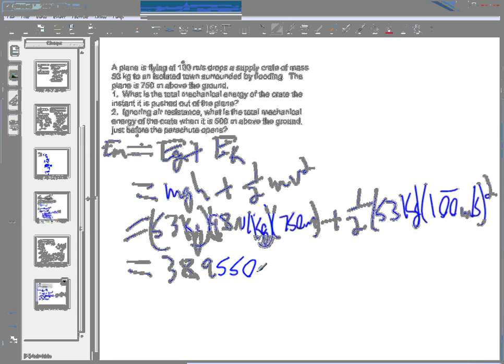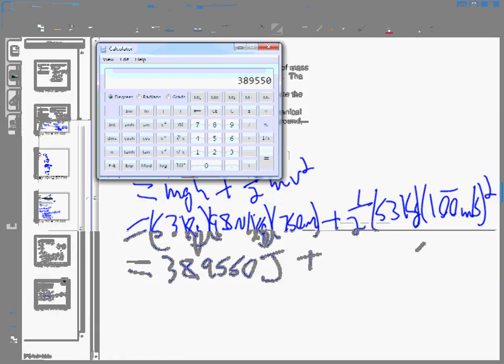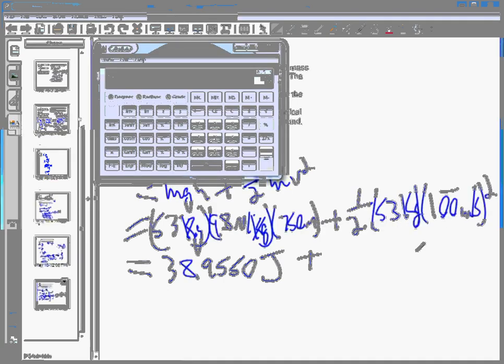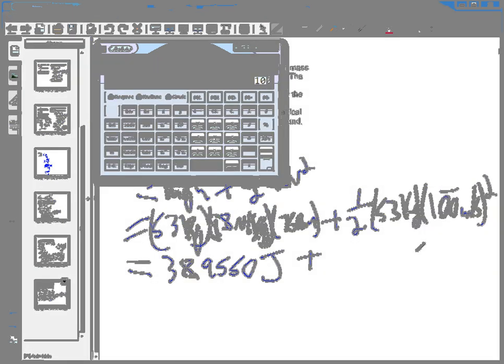Plus 1/2 of, okay, so let's bring out our calculator again. So 0.5, 1/2, times 53 kilograms times 100 squared equals 265,000.